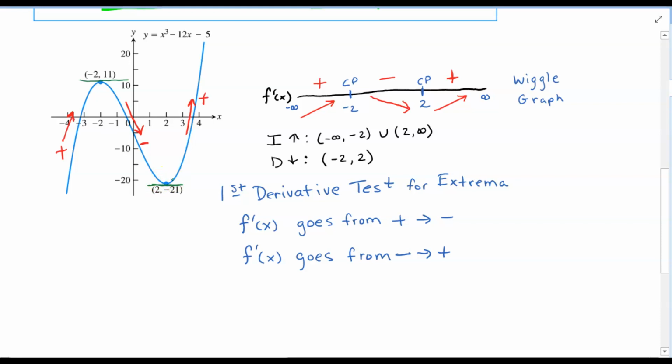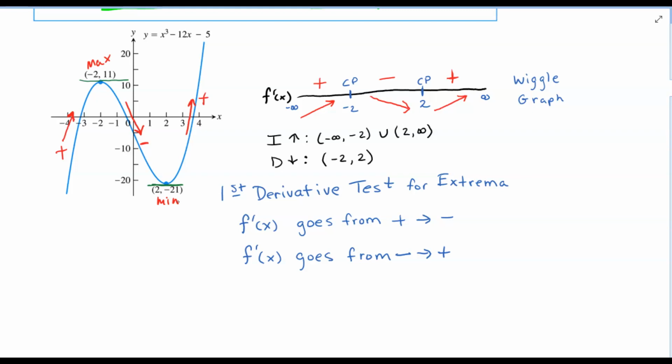It's pretty easy to see from the graph that you have a maximum and a minimum at -2 and 2 respectively. But let's understand what the behavior of the derivative tells us so that we can finish filling out the first derivative test for extrema.